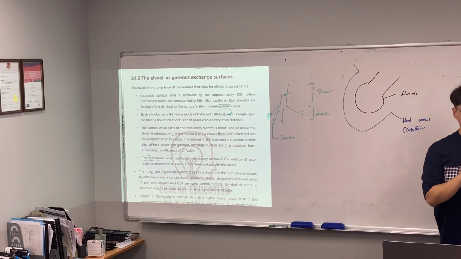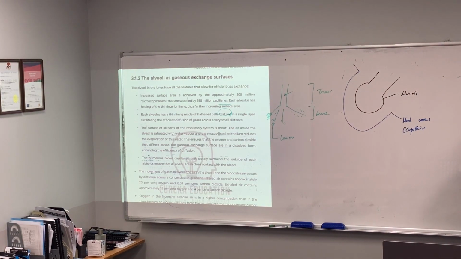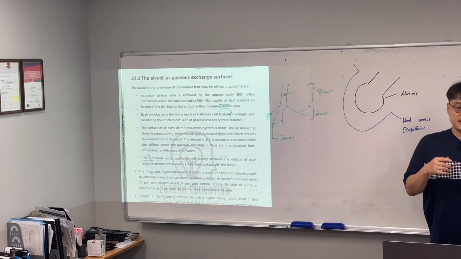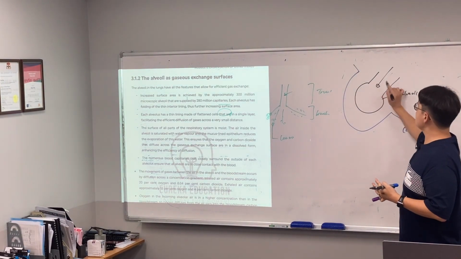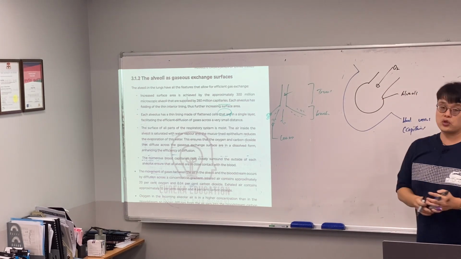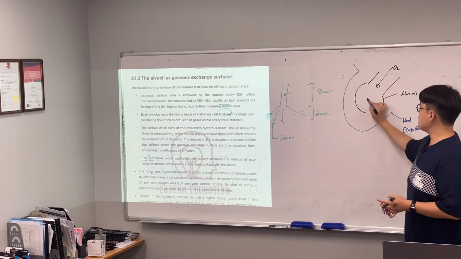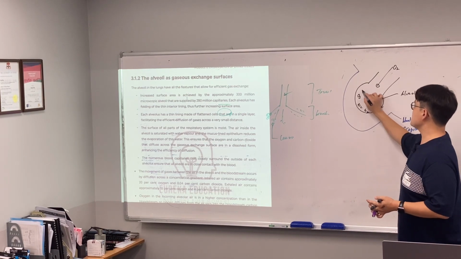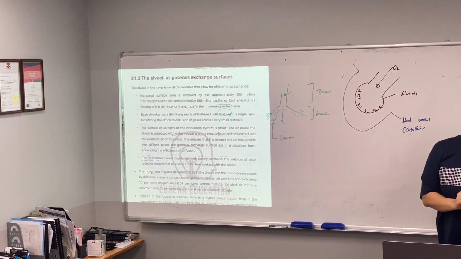Now, when you inhale, guys, you're basically inhaling for the purpose of taking in oxygen. So assume that you inhaled now. During the inhalation, you get the oxygen gas into the alveoli. So it means that you get a lot of O2 gas present here.